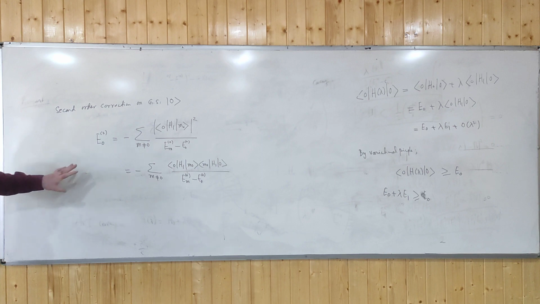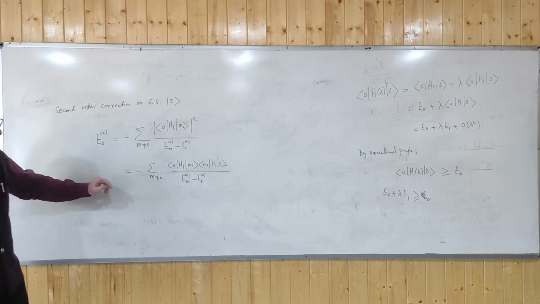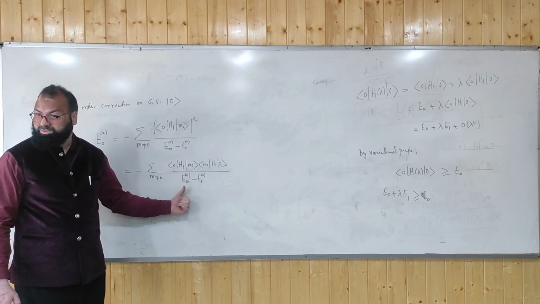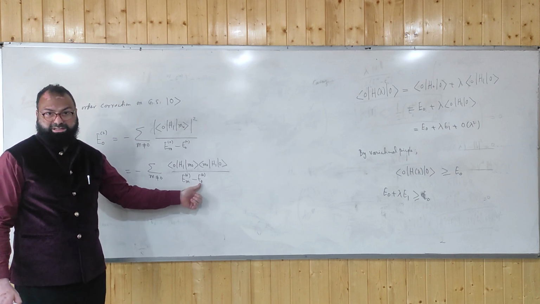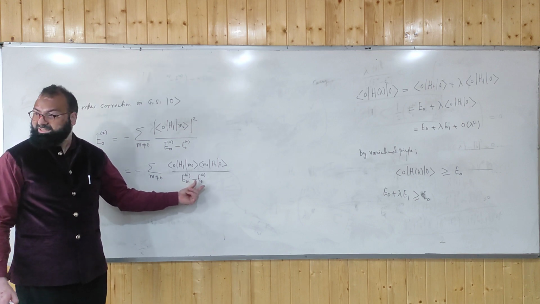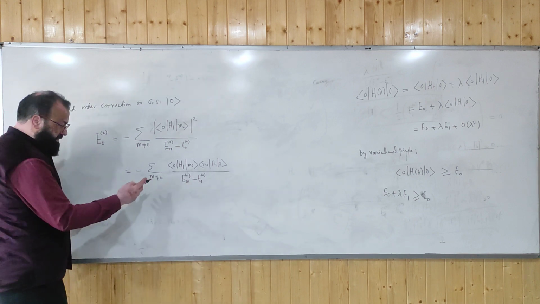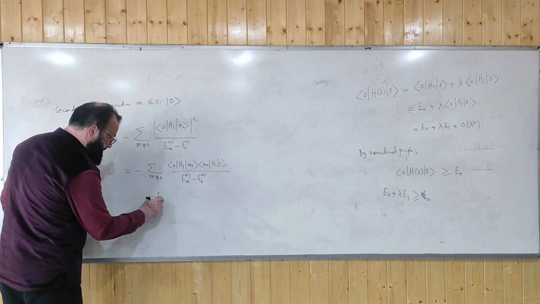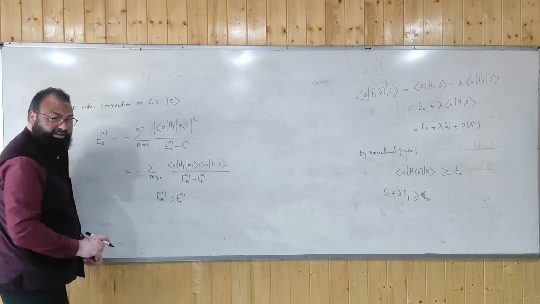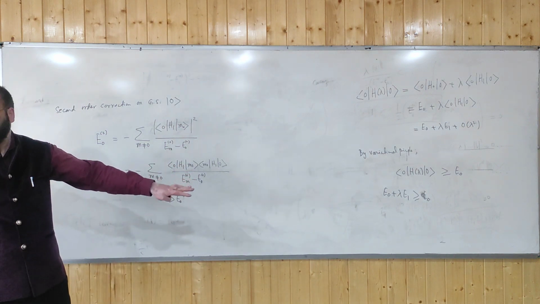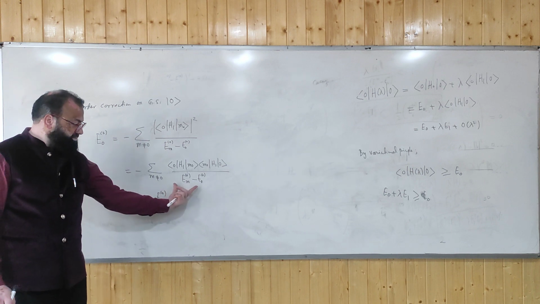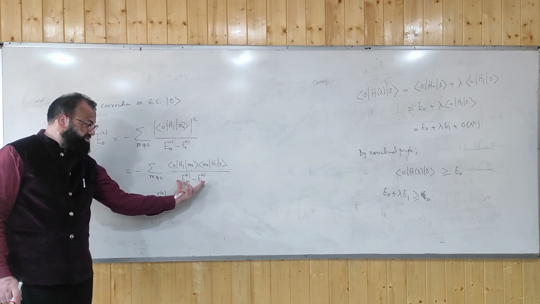So what does the second order correction give? Now look here. This m is not equal to 0, since I am taking 0 as the ground state, clear? So m is not equal to 0. That means this Em is always greater than E naught. So by that argument, this Em may contain the corrections, but it is always greater than E naught, so this is a positive quantity.